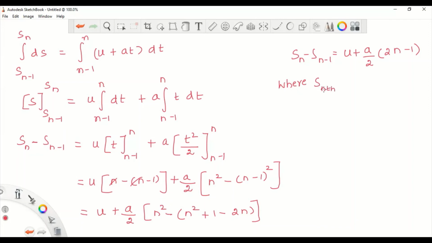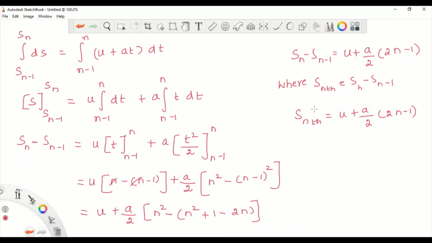Okay, so Snth is nothing but Sn minus Sn minus 1. So this formula is for distance travelled in the nth second. So u plus a by 2 into 2n minus 1 is the distance travelled in the nth second.